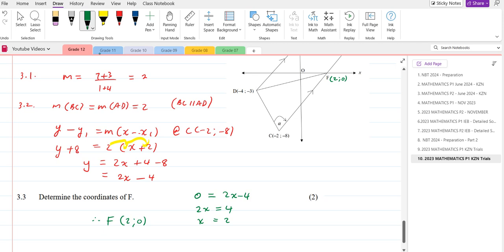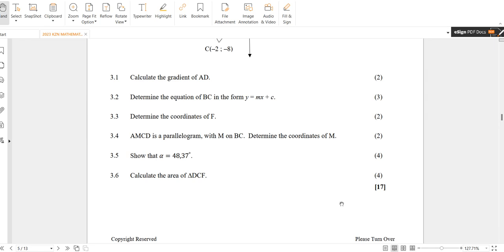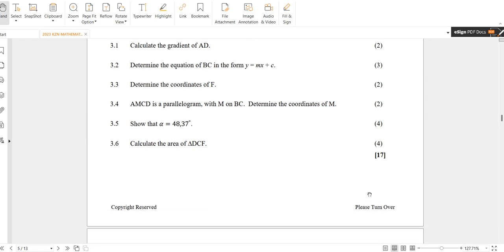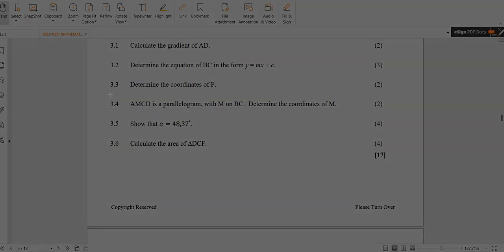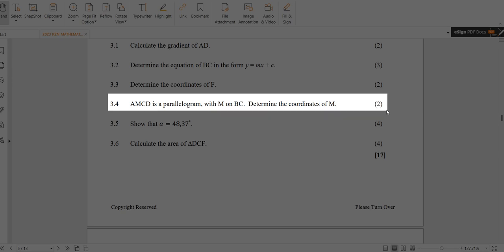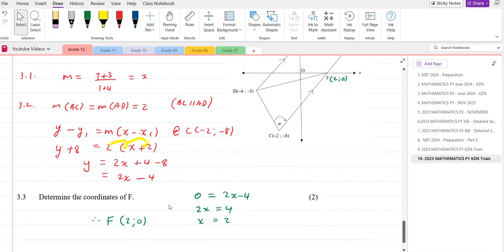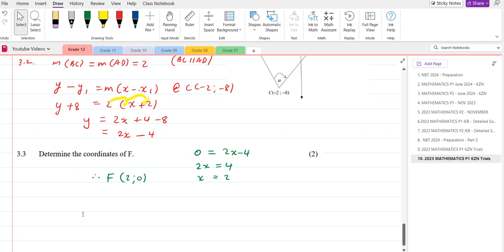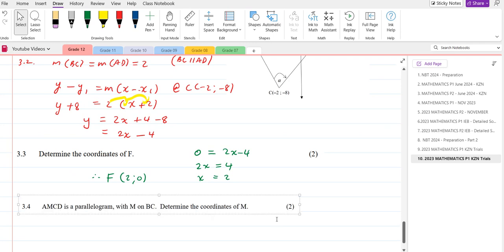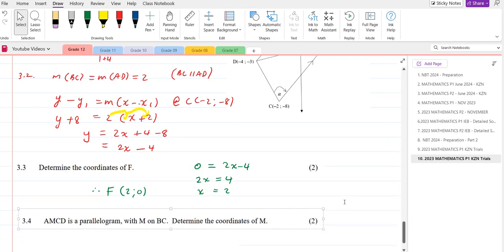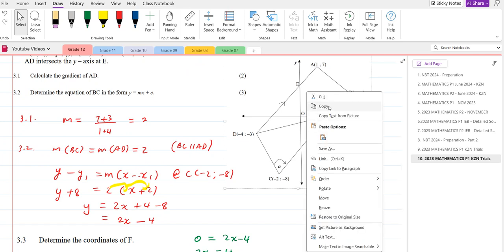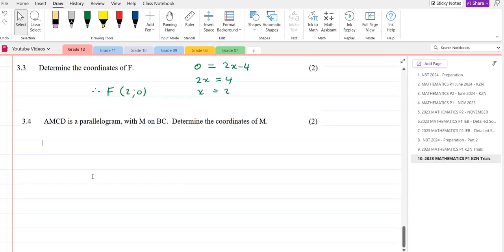Okay. Moving on to the next question. Right, so I need the diagram here to explain this. Right, so let's put the diagram here.